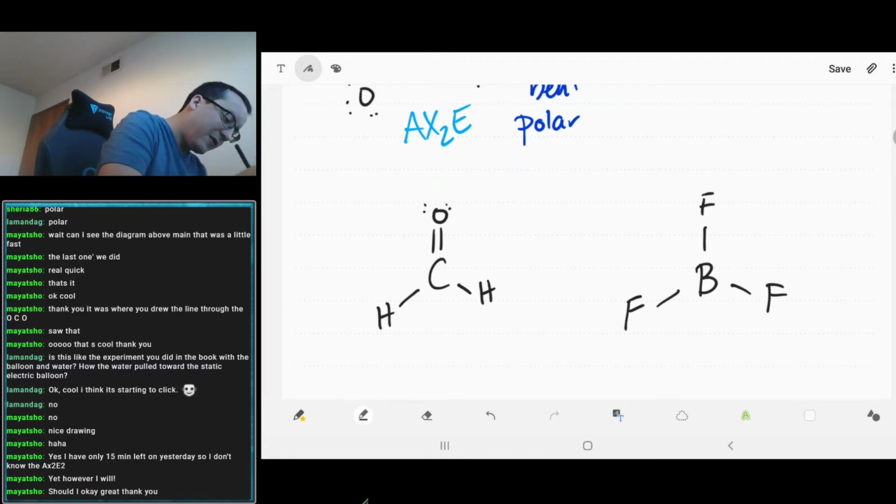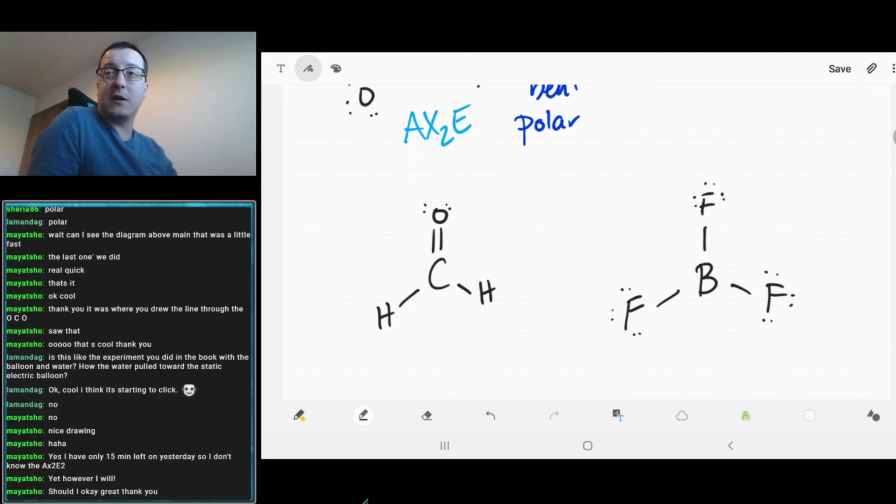Oh, shame on me, I've forgotten my lone pairs. These are all molecules we've done before, so if you do not remember these structures, just go back to the notes from either yesterday or Monday, and you'll see how to draw them.